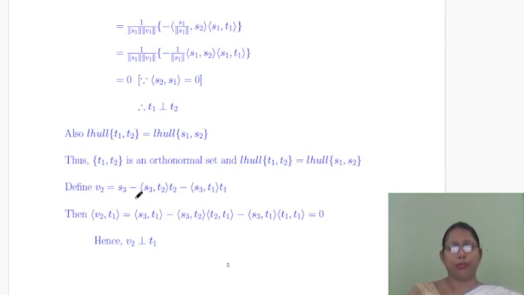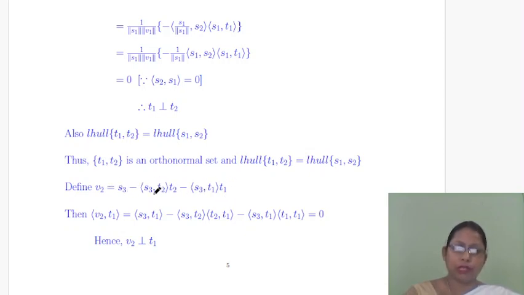Next, we define B2 equal to S3 minus inner product of S3 T2 minus inner product of S3 T1. Observe the pattern. Here my suffix is 2, the suffix of S is 3, but the suffix of T is 2, and here the suffix of T reduces up to 1.